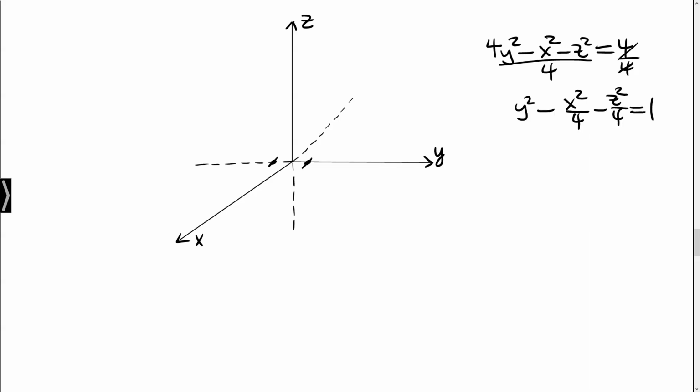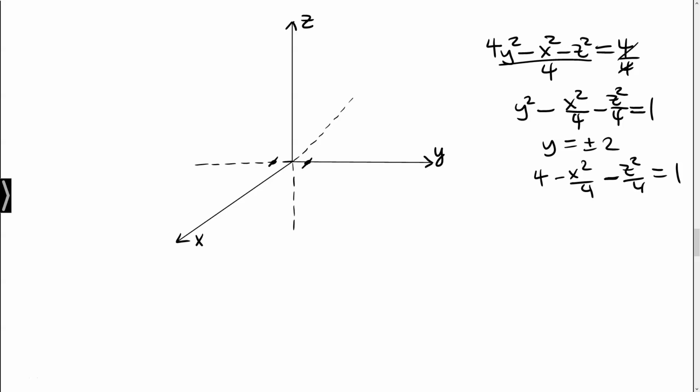Now what if we increase y to a certain value? What if we increase y to 2, plus minus 2? Y is equal to plus minus 2. Then we're going to get 4 minus x squared over 4 minus z squared over 4 is equal to 1.